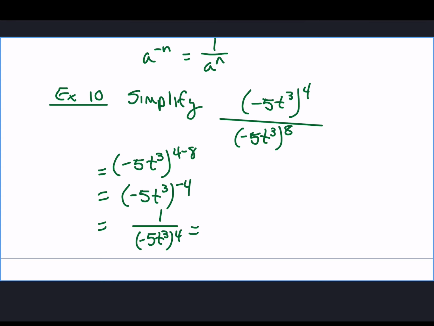So this is a preview of the next rule. That next rule that we'll get in just a moment says that I can take this exponent and put it inside with both of those factors. So that's negative 5 to the 4th power times t to the third to the 4th power.